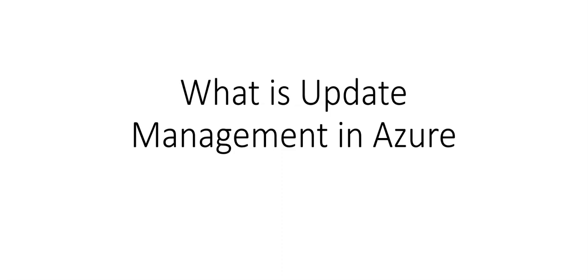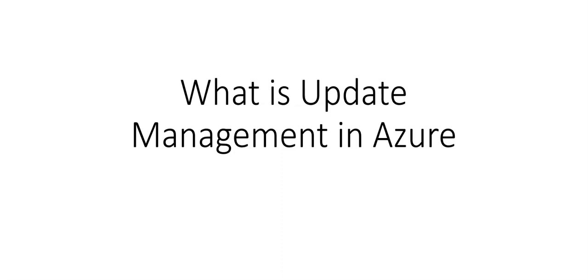As I told you, we can enable update management for VMs using Azure Automation Account. We can enable update management manually for non-Azure machines. We can enable update management for a single Azure VM in the portal as well. It can be a Windows or a Linux machine. And we can enable update management for multiple Azure VMs by selecting them from the virtual machine page in the Azure portal.